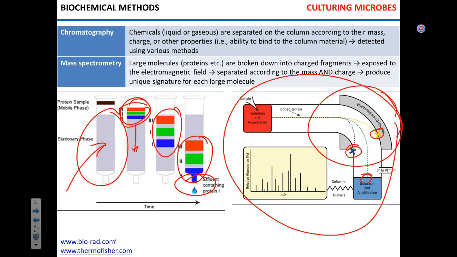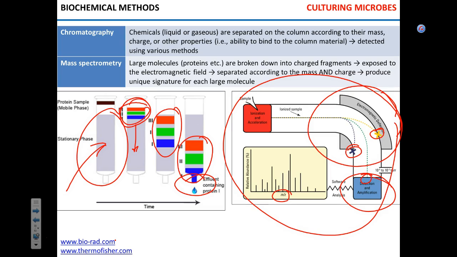Does that make sense? Because you detect both things. You use both parameters to give them a unique trajectory. And then each piece is detected by some kind of detector at the end. What you have in the end is a number of pieces, and each piece is characterized by a unique mass to charge ratio.